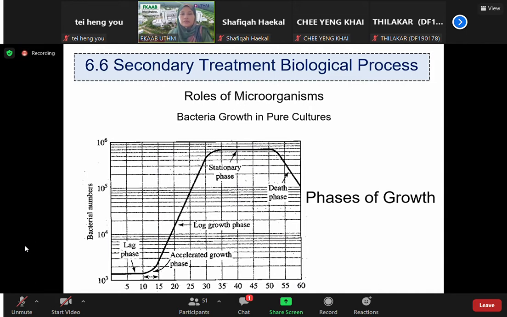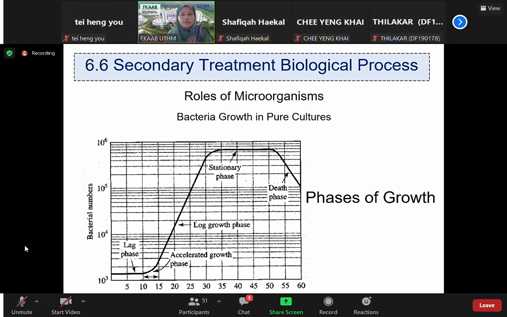Pada tahap tu kita akan slow down, sakit ke dah tua dan sebagainya. Then kita akan meninggal. Sama je dengan microbial or bacteria growth or microorganisms. Contoh kalau dekat sini, within 60 hours ini proses yang berlaku. Kalau kita mungkin dalam umur 60 tahun.